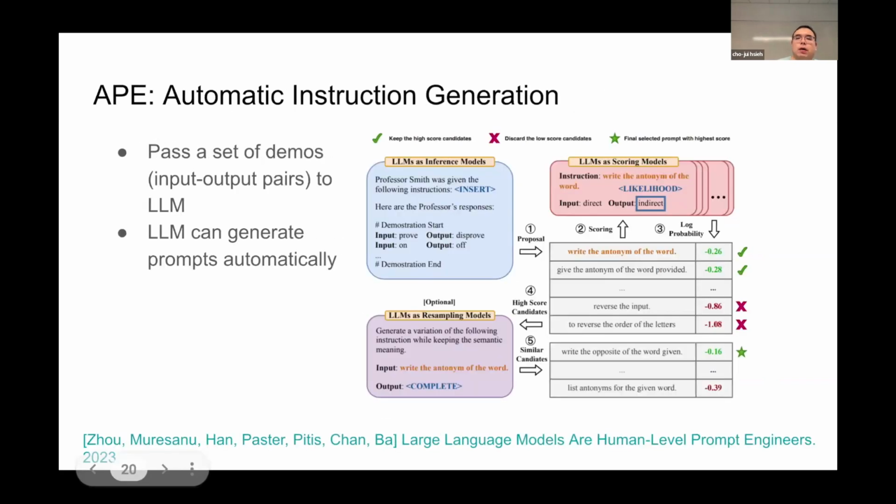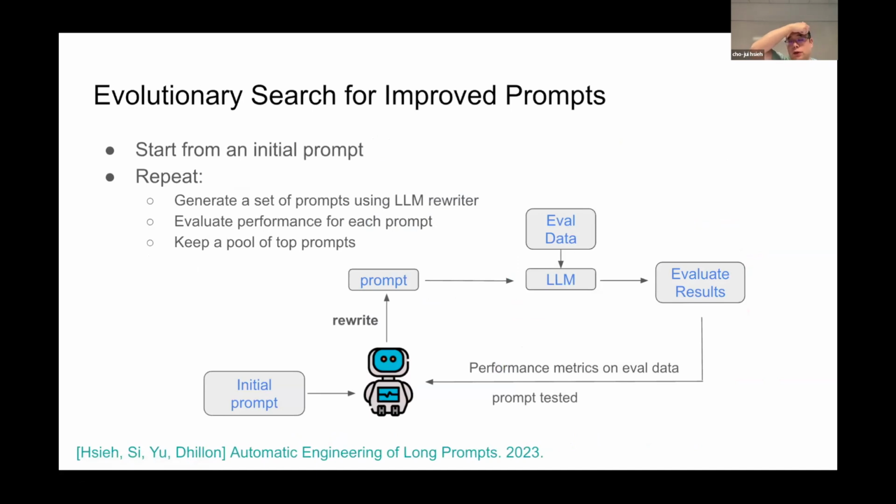But this is only about instruction. How about in general? How can we use automatic prompt engineering to improve the prompt? Most of the work along this line follows the evolutionary search framework, where we have some initial prompt for the algorithm, which is kind of an LLM.